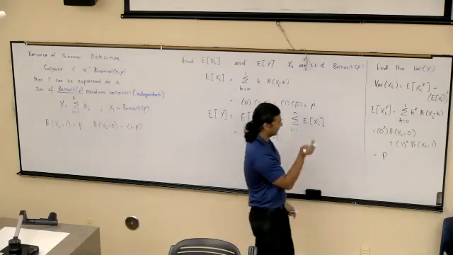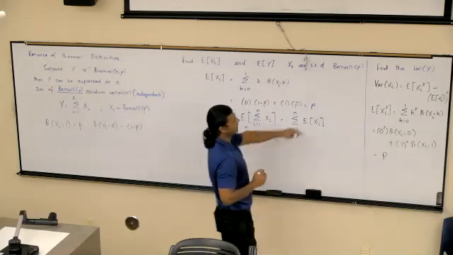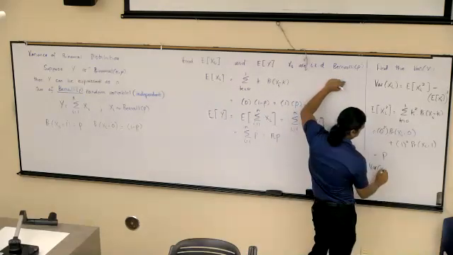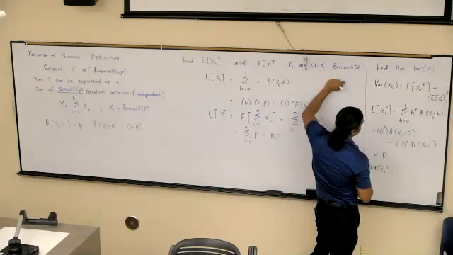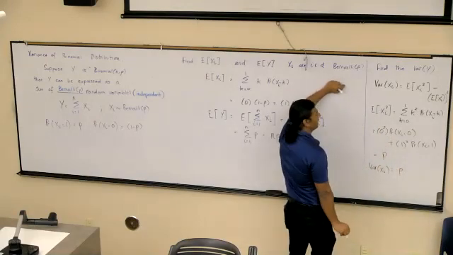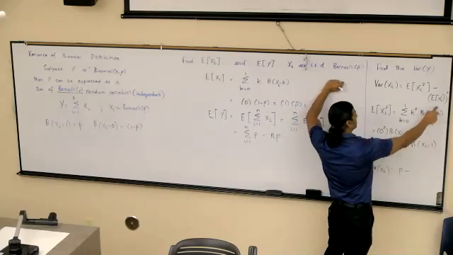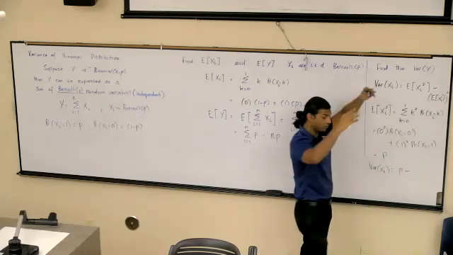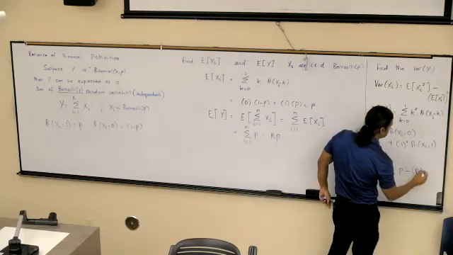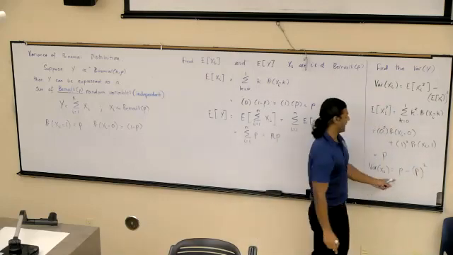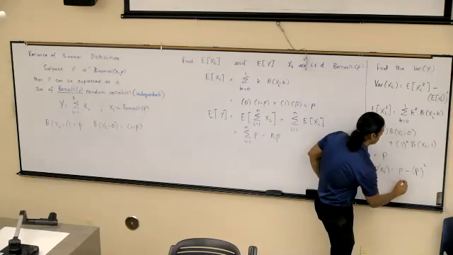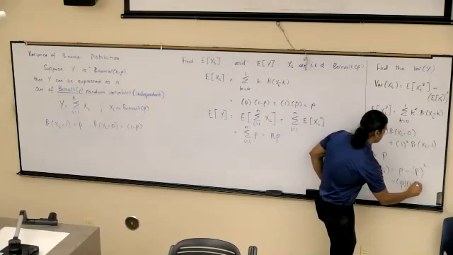So the variance of xi is the expectation of xi squared, which is p, minus the expectation of xi, that is also p, but I'm going to square it. So p squared. So we have p minus p squared. If I pull p out in common, I'll have p times 1 minus p.